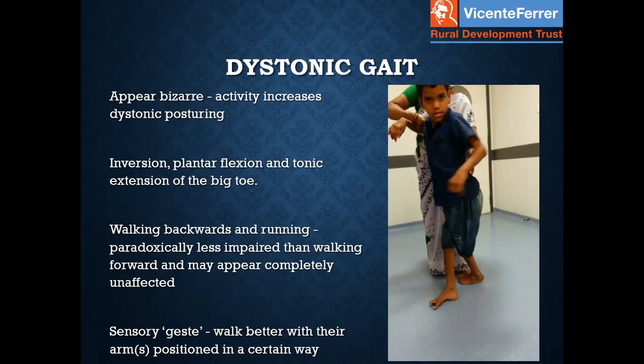So this is specific for the extrapyramidal system. Whenever they have dystonias, with sensory stimulation, they will find a way where such dystonias will subside or at least attenuate. So those are seen in dystonias or dystonic gait.